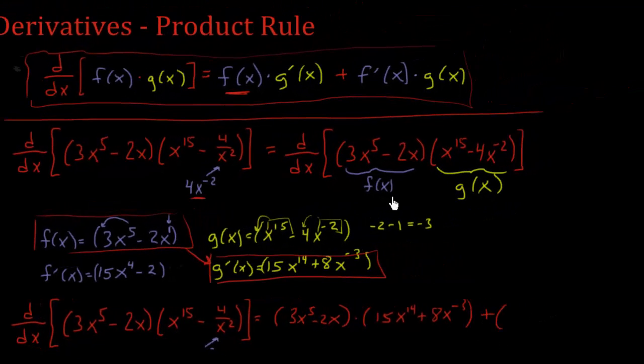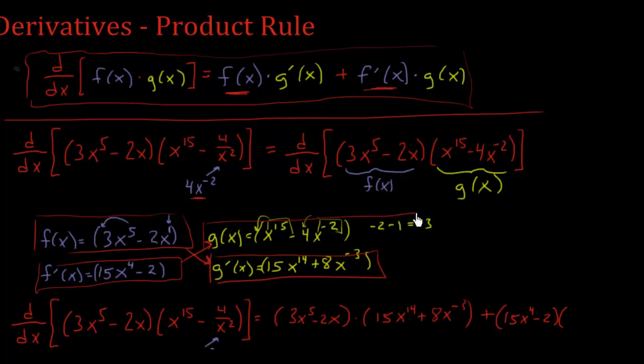Plus, and now we have f prime times g. f prime is 15x to the 4th minus 2, and then g, so we're multiplying these two together. g is x to the 15th minus 4x to the negative 2. And so that's the derivative using the product rule.